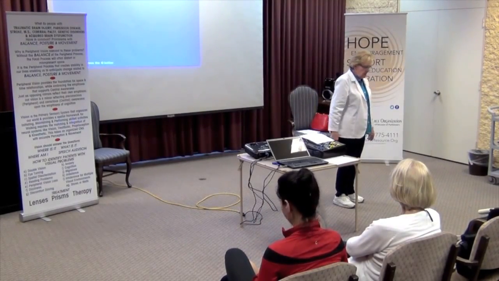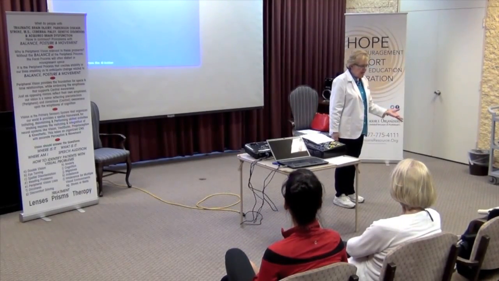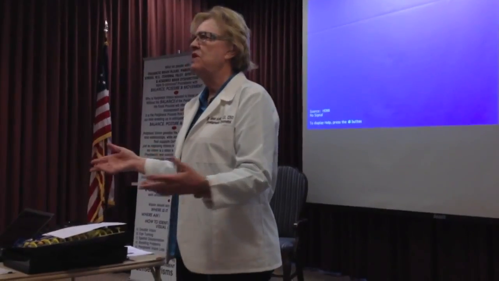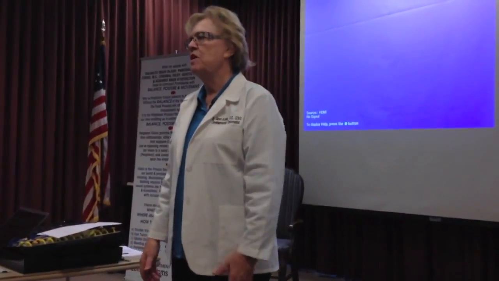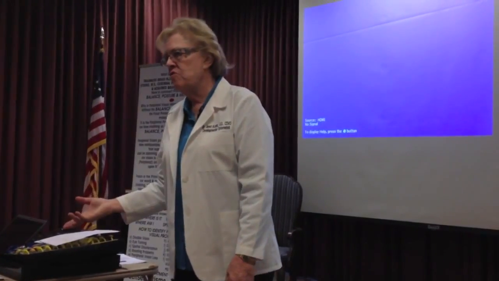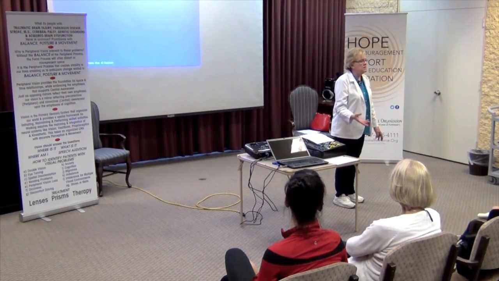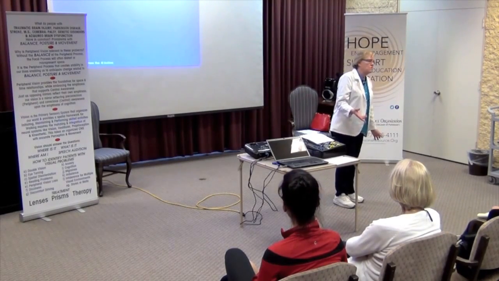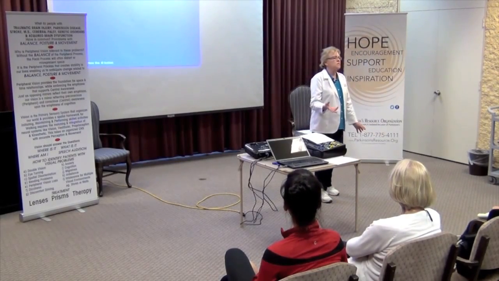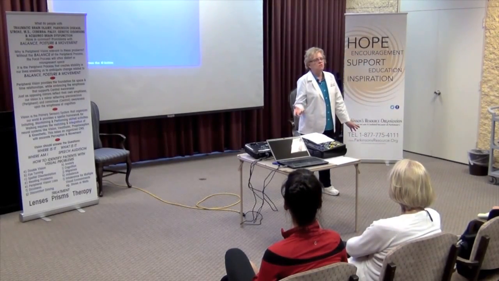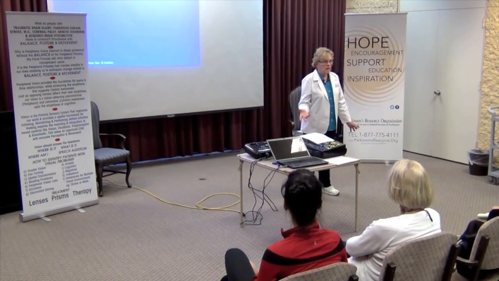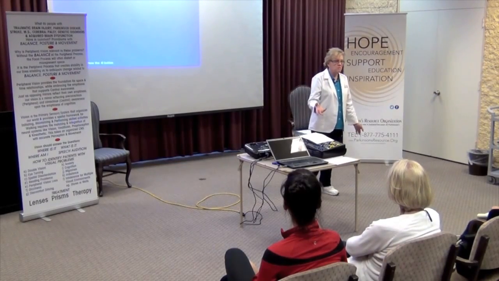And when she got the glasses, I had forgotten to take a video of her in the office, which I try to do. And I drove out to her home, which took me a long time, to take the video. And she had just received the glasses in the mail 2 hours before I got there. And guess what she and her husband had done for those 2 hours? They had gone for a 2-hour walk. And she was not holding on to her husband or looking at her feet. She had her Prism glasses.